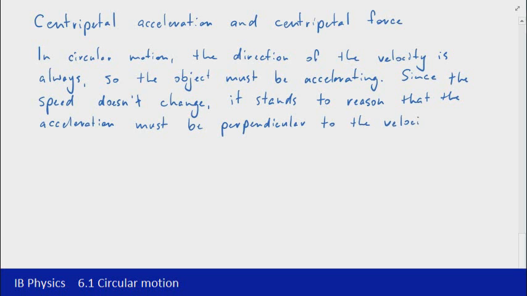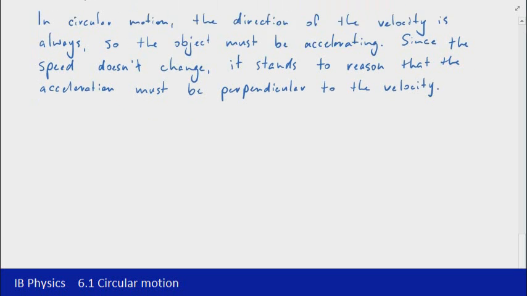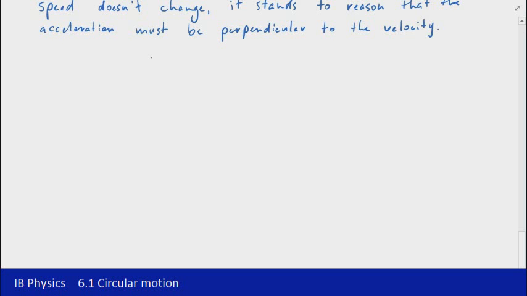If we have a quick look at a diagram, similar to the scenario we saw in the last video, we have a circular path with a mass that's moving with a velocity, in this case to the left. The acceleration would be perpendicular to that, and so it would be directed that way.